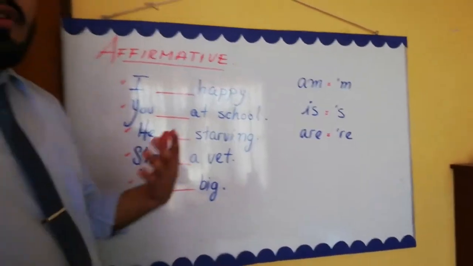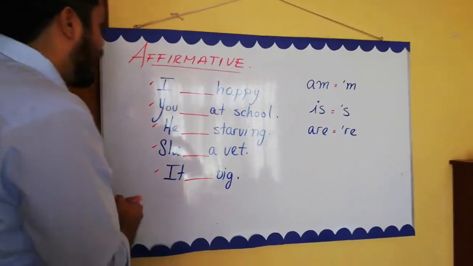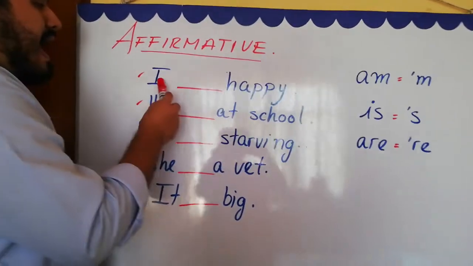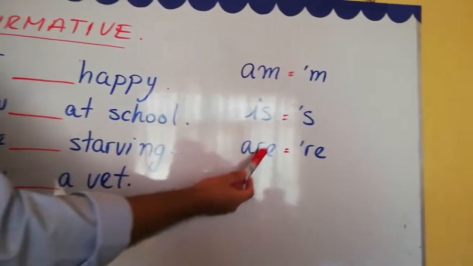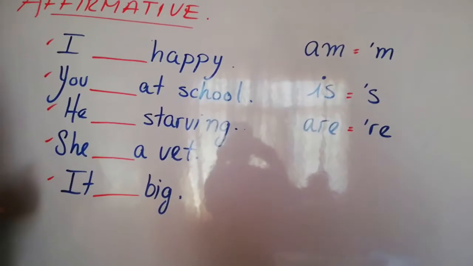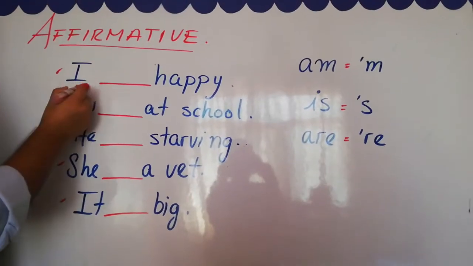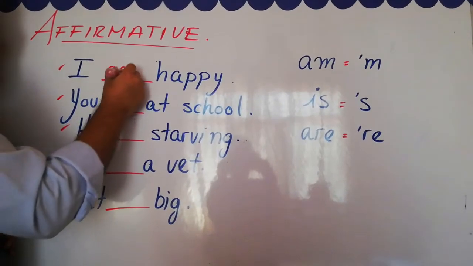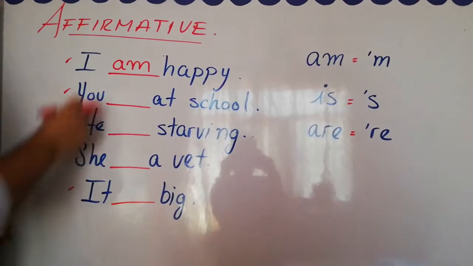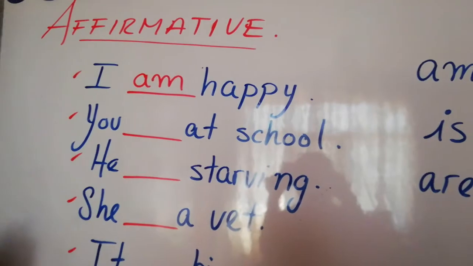Now, let's work with some examples. Let's see here. I happy. Which is gonna be the correct verb be? If I have I, you are gonna write am. I am happy. Okay?